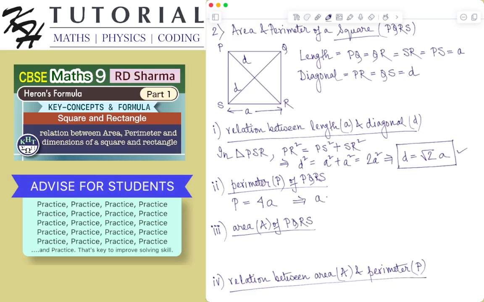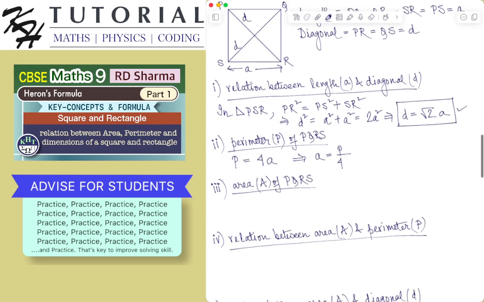So A is equal to P by 4. Next is the area of the square. We know the area of the square is the square of the side, that is A square. From here I can also get the length of a side from the area. So A will be equal to square root of the area.